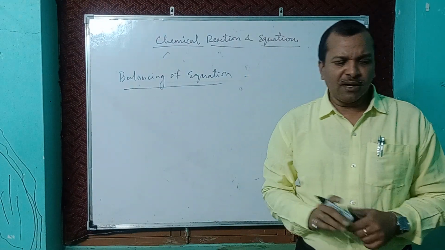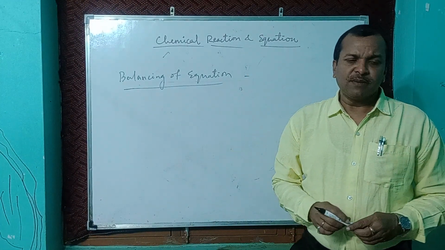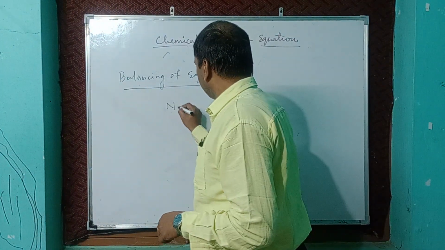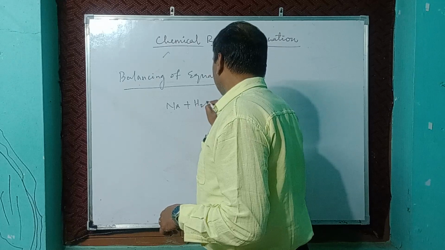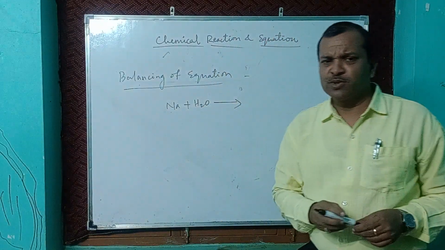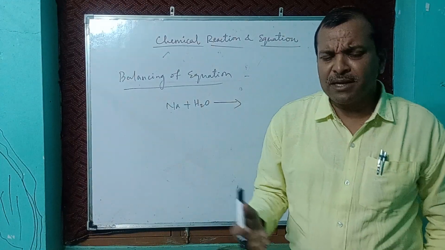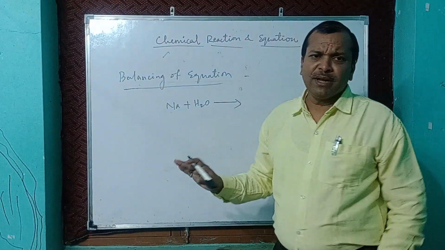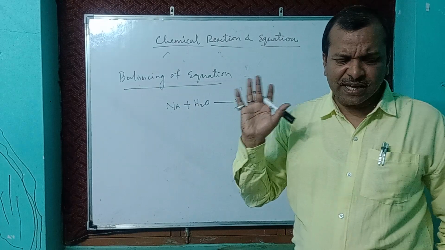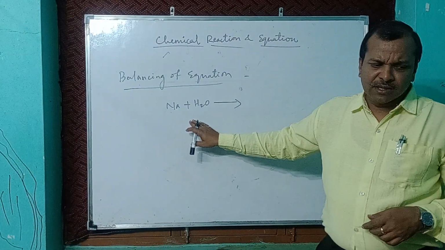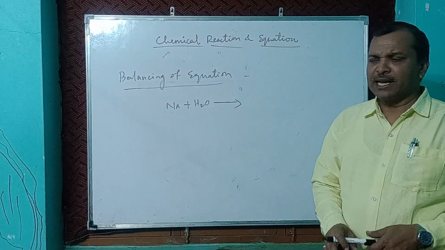Very easy, very simple. I will do one. Suppose Na plus H2O gives NaOH plus H2. You have to practice, my dear students. You have to practice more here in the trial and error method, then you can do it very easily.